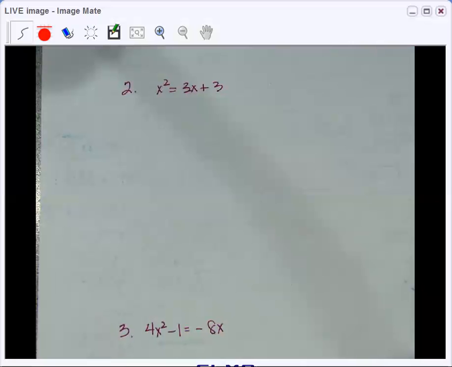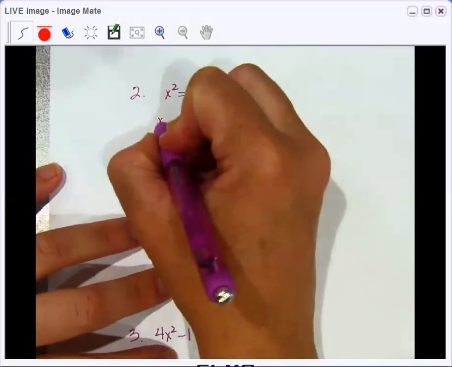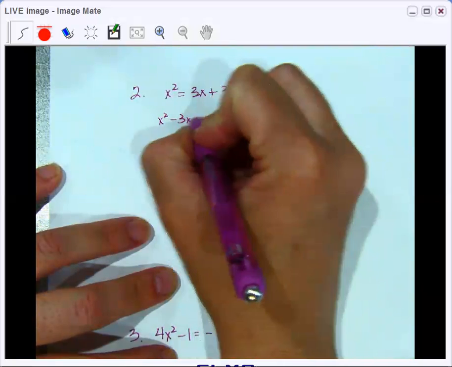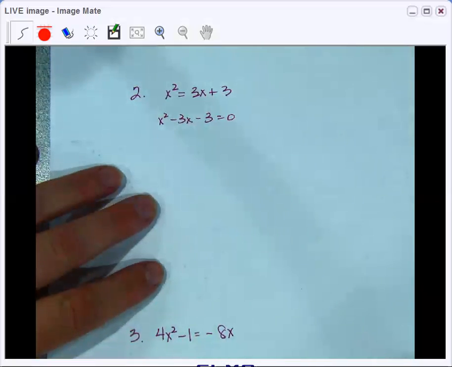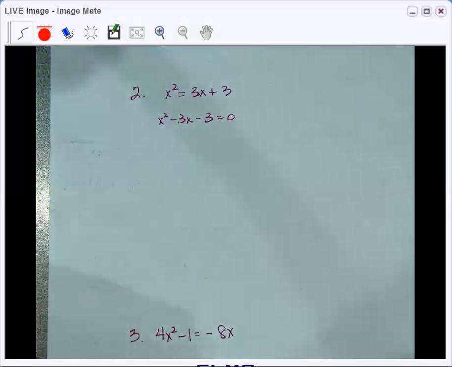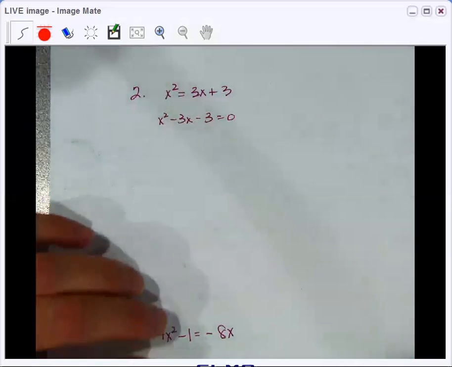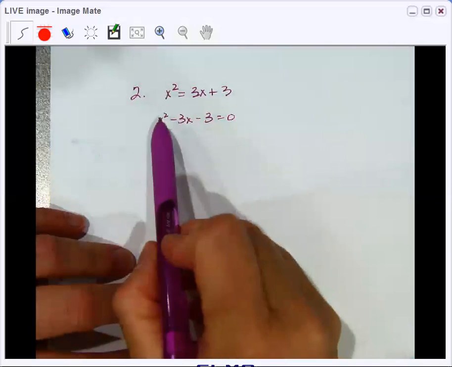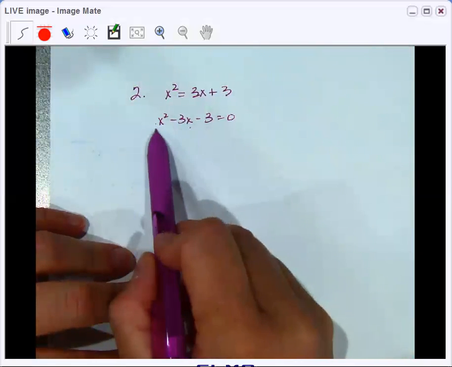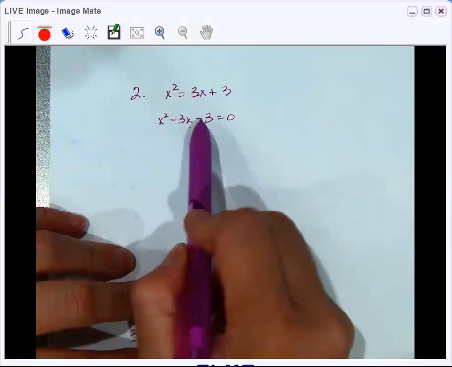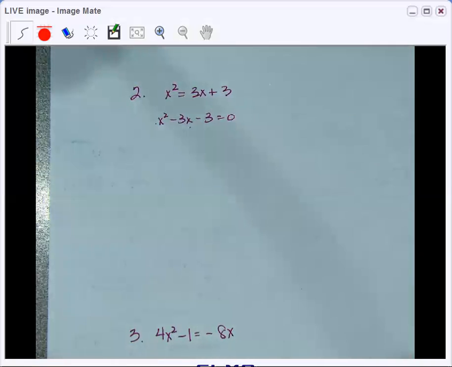Yeah. Okay, so you should have x squared minus 3x minus 3 equals 0. No, I just got 0 equals 2x squared plus 3. Remember, these aren't like terms. So this is a quadratic term, this is a linear term, so you can't combine those. Okay.